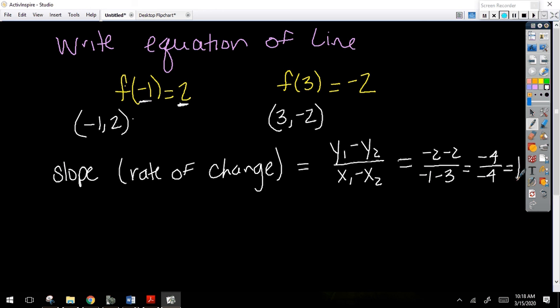Now I'm going to take this slope, use a point, and plug into point slope form. If you don't remember point slope form, it's y minus y1 equals slope times x minus x1. Either one of these points will work as your x1, y1.